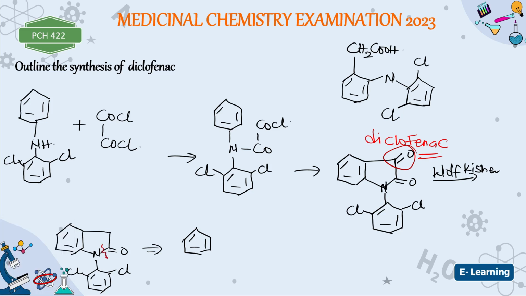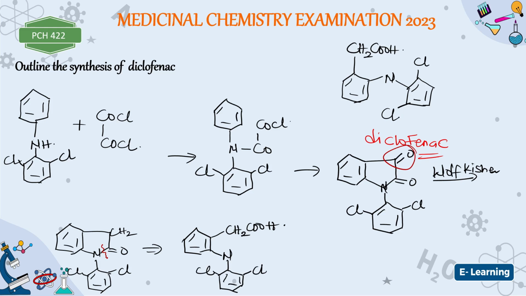So here will give us NH. Here you have your N. Now this group here will be converted to carboxylic acid. But here it's also having CH2 here, right? So we have CH2COOH, which is the carboxylic acid. So you have something like this, CH2COOH. And then of course you now have this benzene ring with your 2 chlorine.